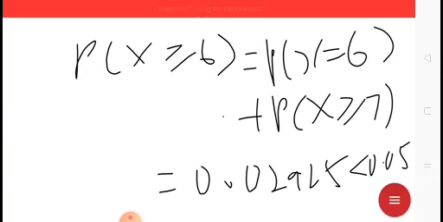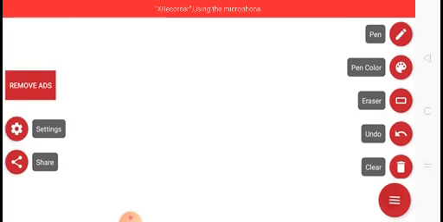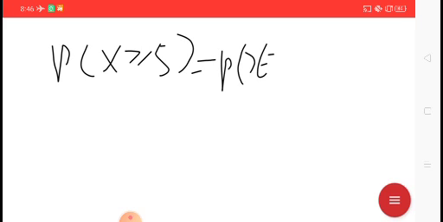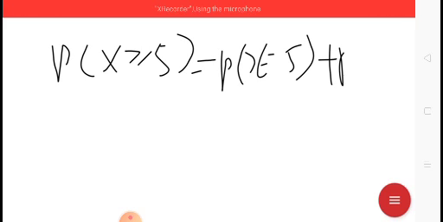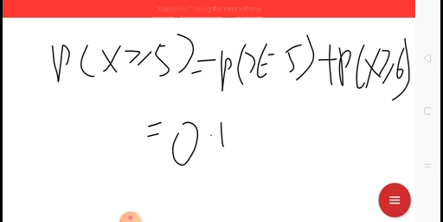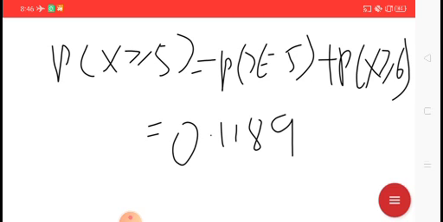So one more step is larger equal to 5. So it's P(X equal to 5) plus the outcome just now. Once you calculate this, you should get 0.1189. So this is already larger than 0.05, so you can stop here.